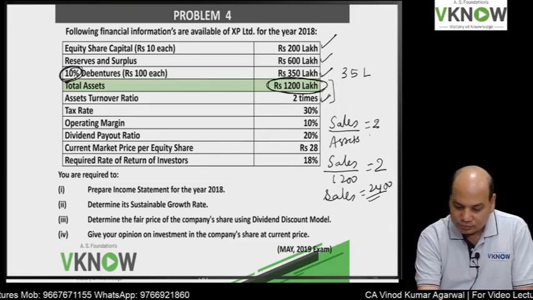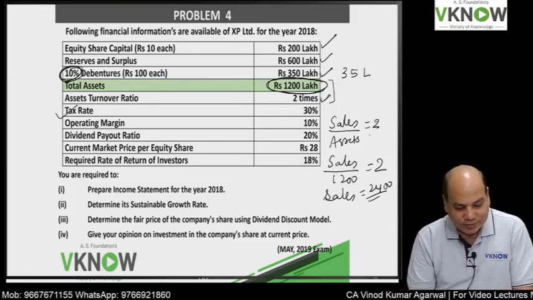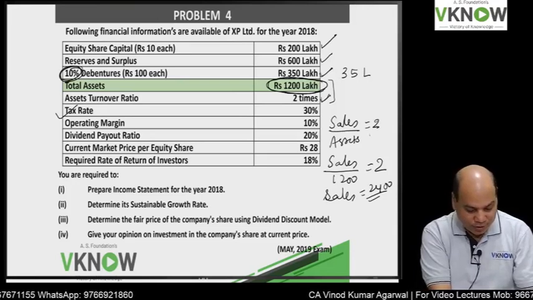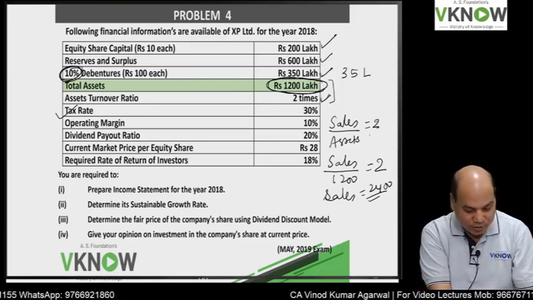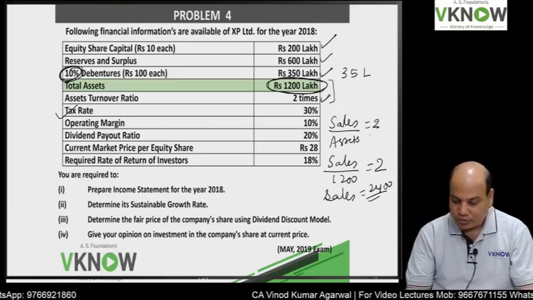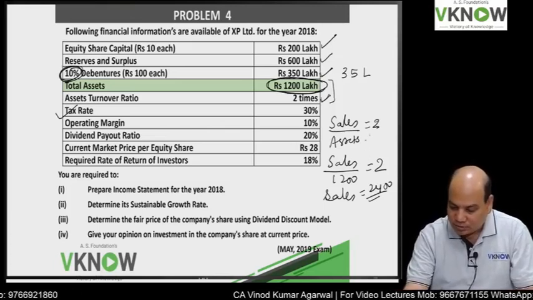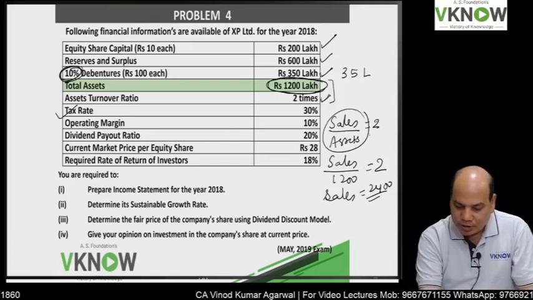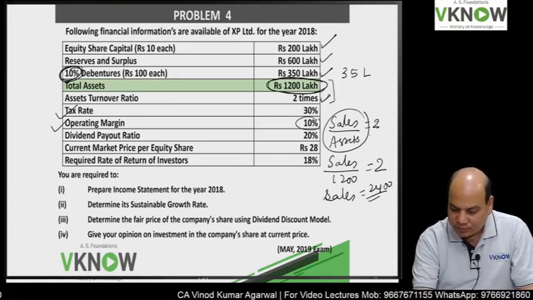Sales. Tax rate. So let me see the students who are studying. Mehul said turnover by asset, Preeti, Rishabh also. Okay, so everybody said this ratio. You are right. Now tax rate 30%, then operating margin is 10%.